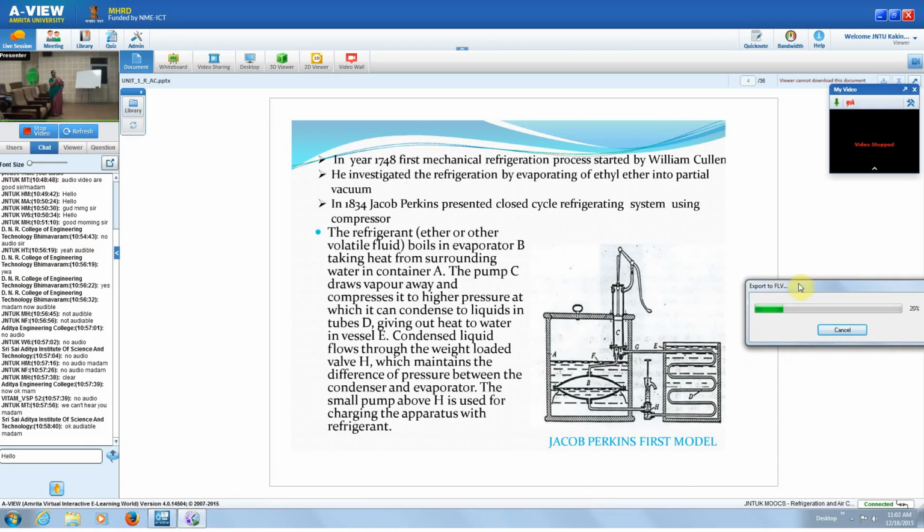The small pump above H is used for charging the apparatus with the refrigerant. This was the model discovered by Jacob Perkins in 1834.